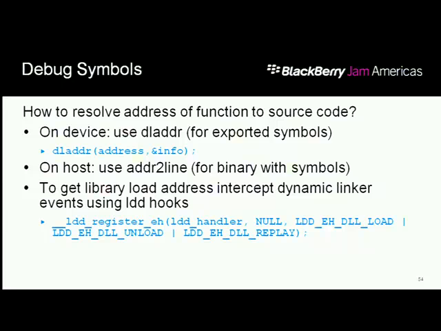So to use this tool, you need to know where your library or binary is actually loaded. For that, you can hook into the dynamic linker. The dl_iterate_phdr or register call hooks you into the dynamic linker, and the dynamic linker will tell you exactly at what address every library or binary is loaded. Then you can use this information together with addr2line to resolve the symbols to function name or file and line number.